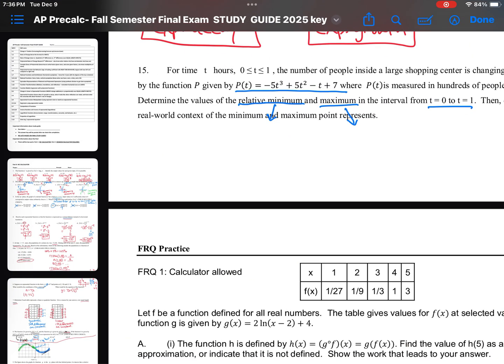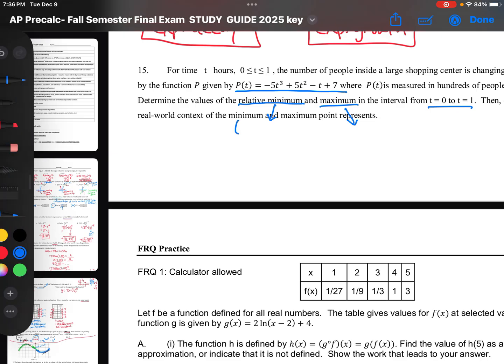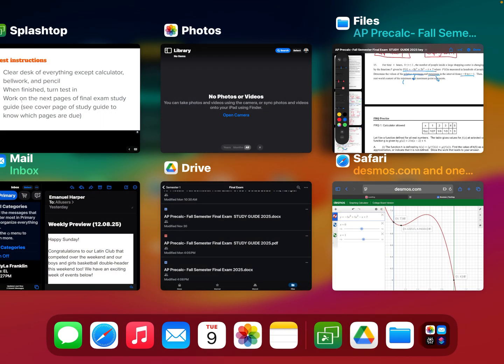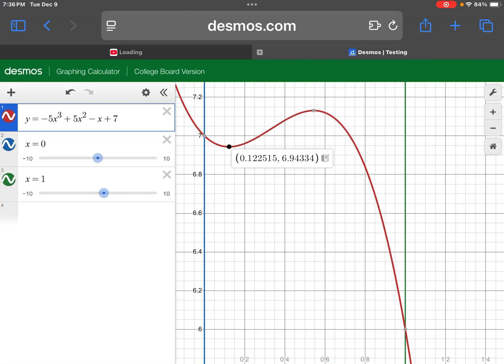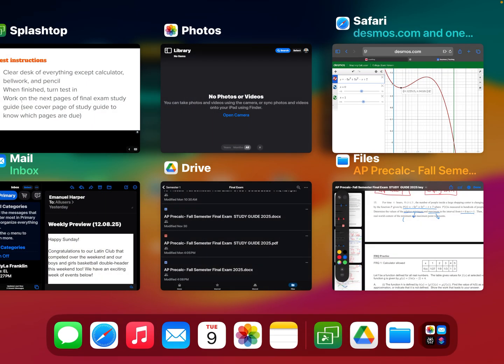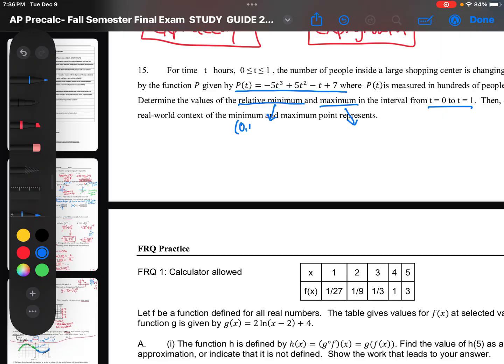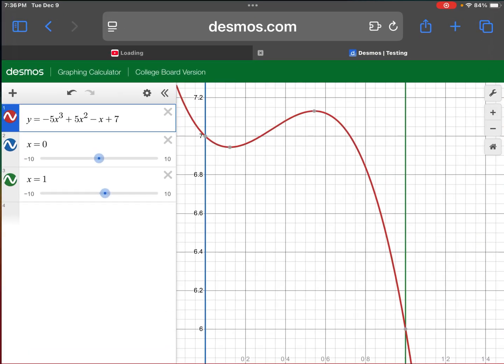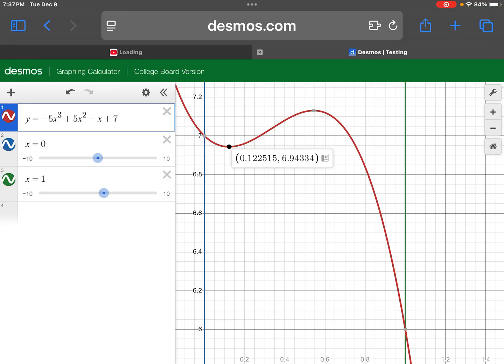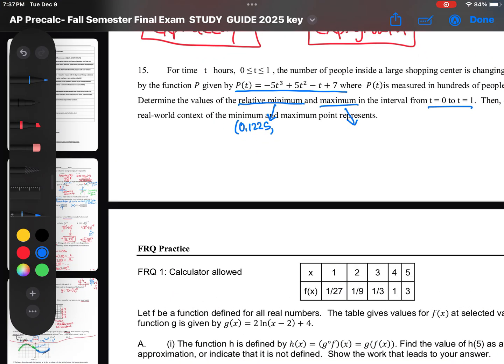So we have a relative minimum at, I'm going to write those ordered pairs, 0.1225, comma 6.943.